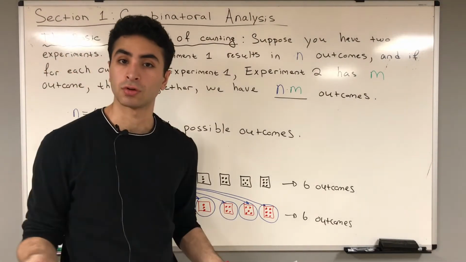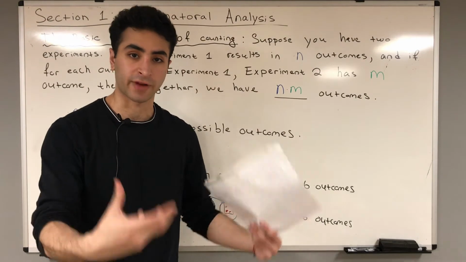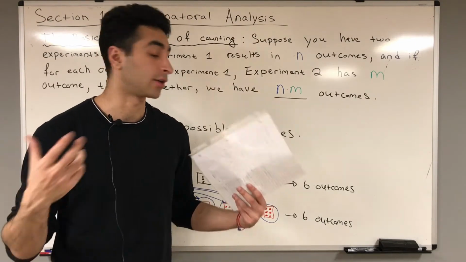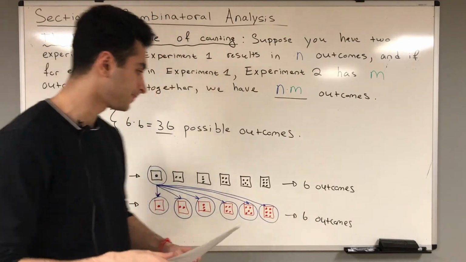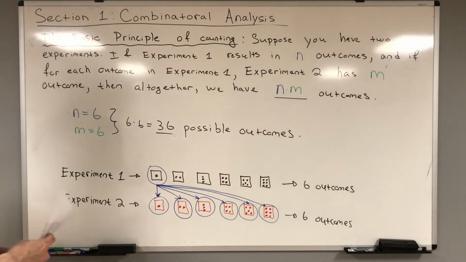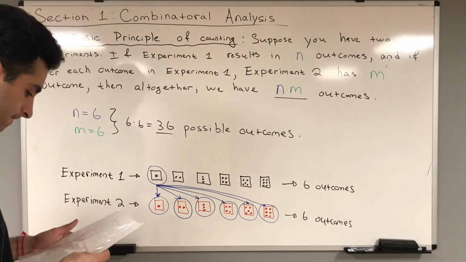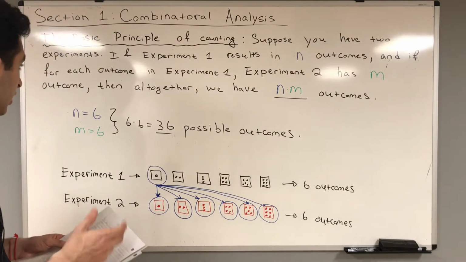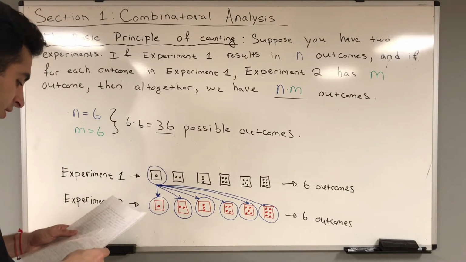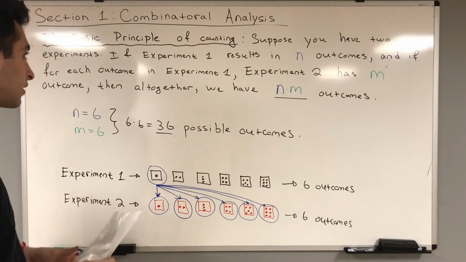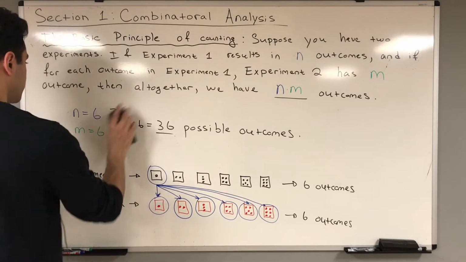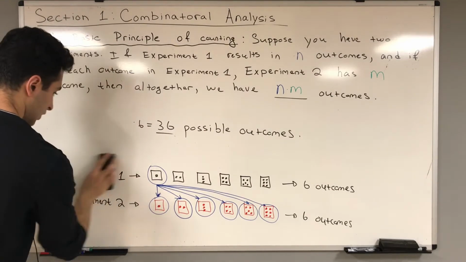So now you know when you roll 2 6-sided die and they're fair, you should get 36 possible outcomes. Good. Okay. So now we could actually move on to some real examples using the basic principle of counting. So I'll leave it up for now. Erase this.